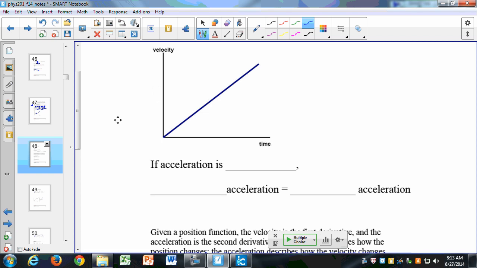Okay, so if acceleration is constant, as it is in this graph, just like we had before with the position versus time graph, where we said it was a straight line, and in that case it didn't matter what interval you took, your average velocity was always the same. The same is true here. If acceleration is constant, the average acceleration is equal to the instantaneous.